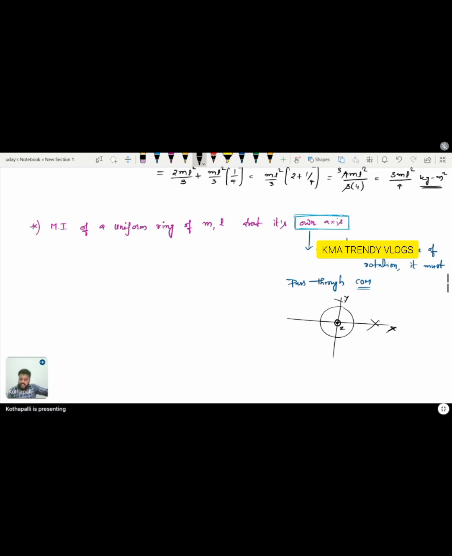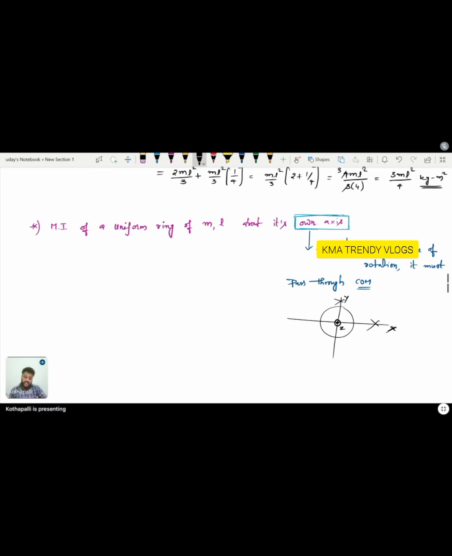So this and this are not own axes. Only the z axis will be the own axis. This must be very clear for the cases of two-dimensional laminas. For 3D and 1D cases it's not necessary, because every axis passing through the center of mass will be an own axis itself. But for 2D laminas, the axis must pass through the center of mass as well as be perpendicular to the plane of rotation of the body.